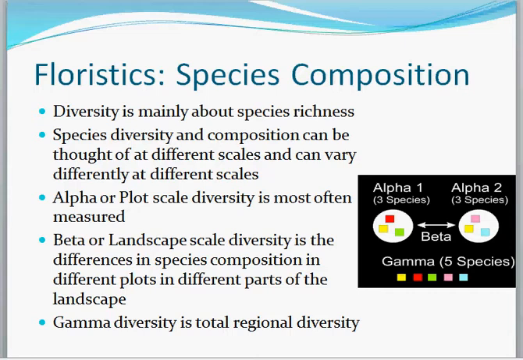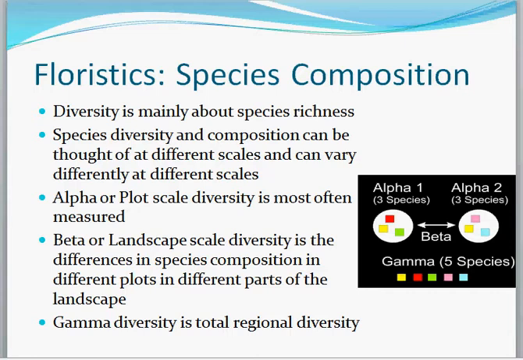We're more looking at the difference in species, say from the east coast of Trinidad 50 kilometers to the west coast of Trinidad, or the difference in species composition between the northern range and the Paria Peninsula in Venezuela. That is beta or landscape scale diversity.